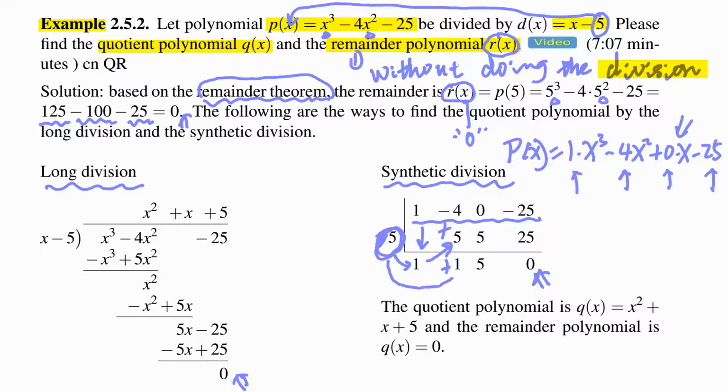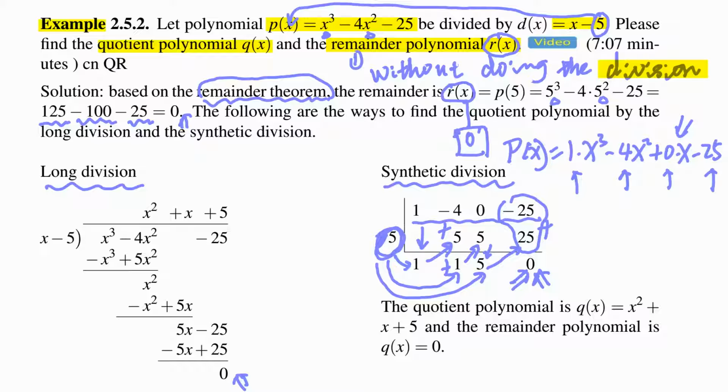Then 5 times 1, you have a 5, and you put it right here. 0 plus 5 is 5. And then 5 times this 5 again, so you have a 25 goes here. Add together, you then have a 0 here. And that's the remainder, which is exactly the one we got here by the remainder theorem.